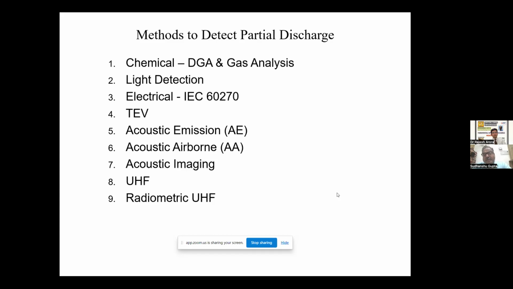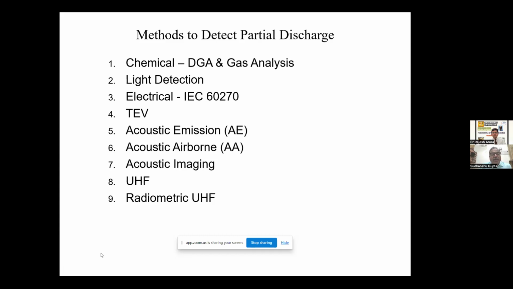The fourth point is TEV, transient earth voltage. I am highlighting this not just because it's again a kind of electrical test, but this kind of test is specifically used for applications like switchgears.